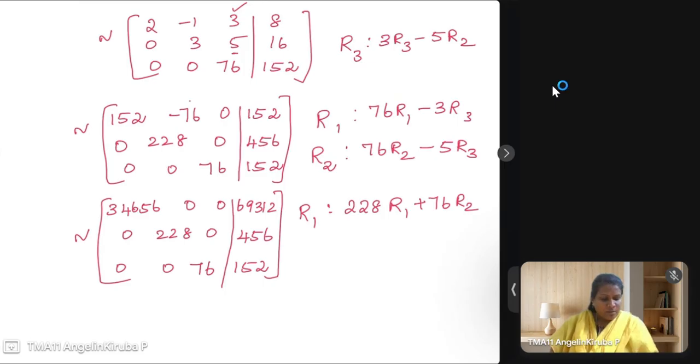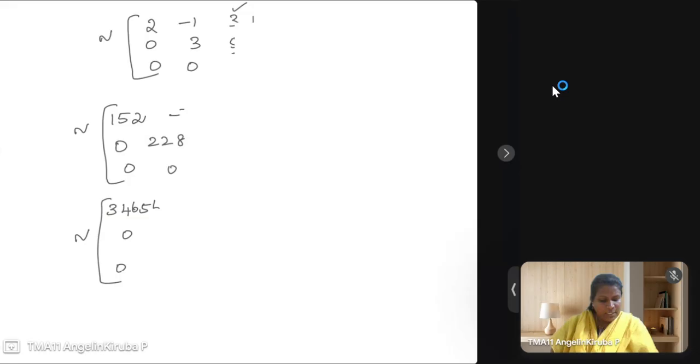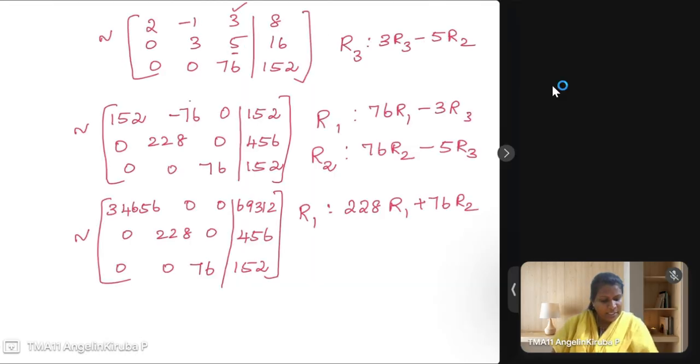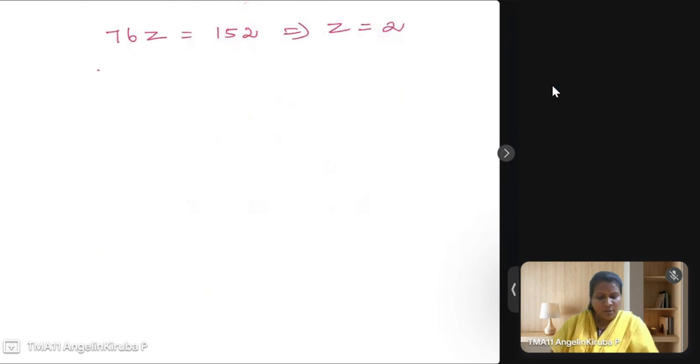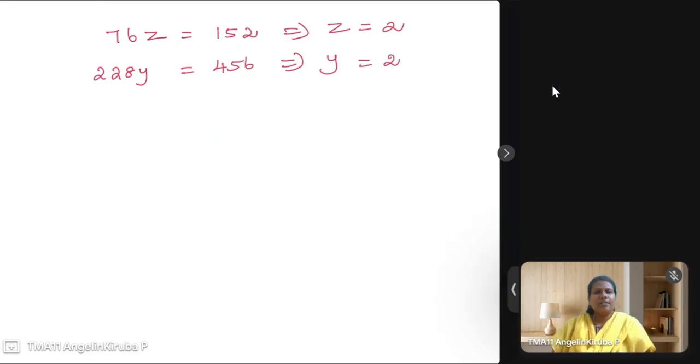Now for this, 76z is equal to 152. So z will be equal to 2. Next, what is the next equation? 228y is equal to 456, which implies y is also equal to 2.